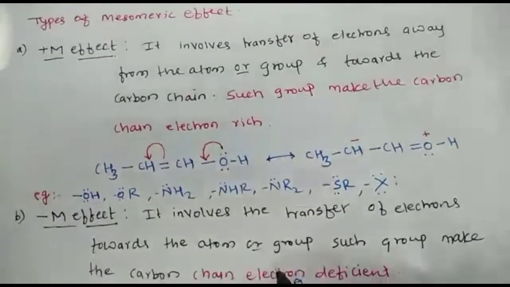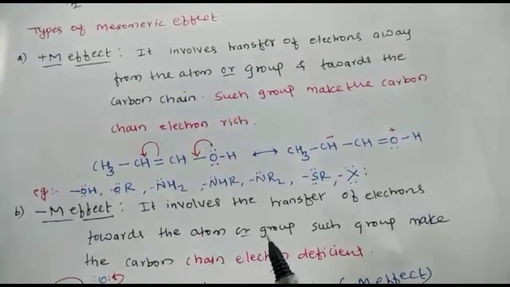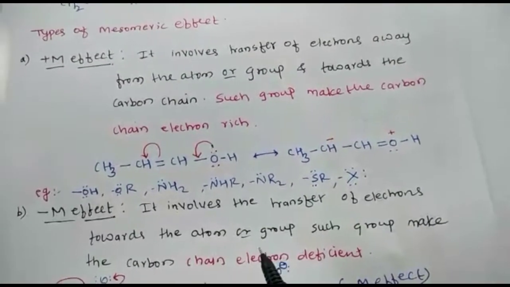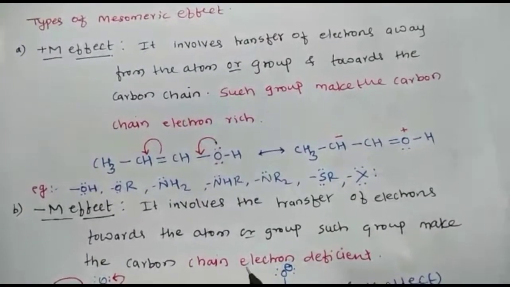Next, the second type is the negative mesomeric effect. It involves the transfer of electrons towards the atom or group. Such groups make the carbon chain electron deficient.